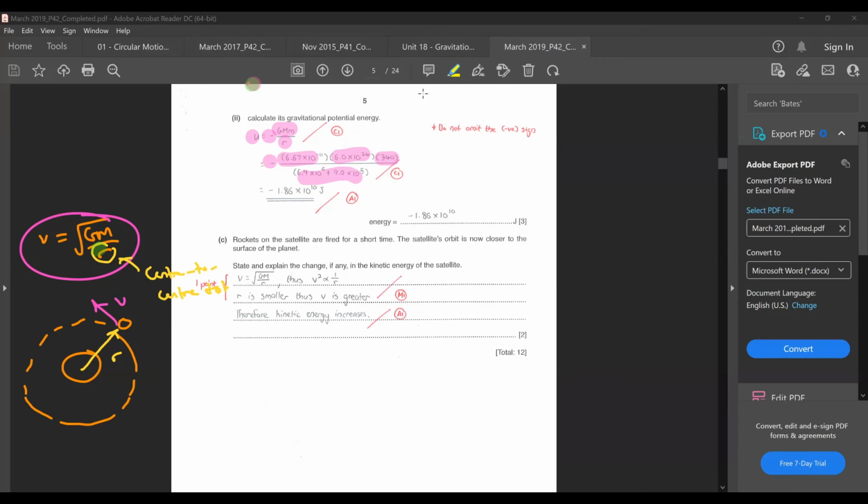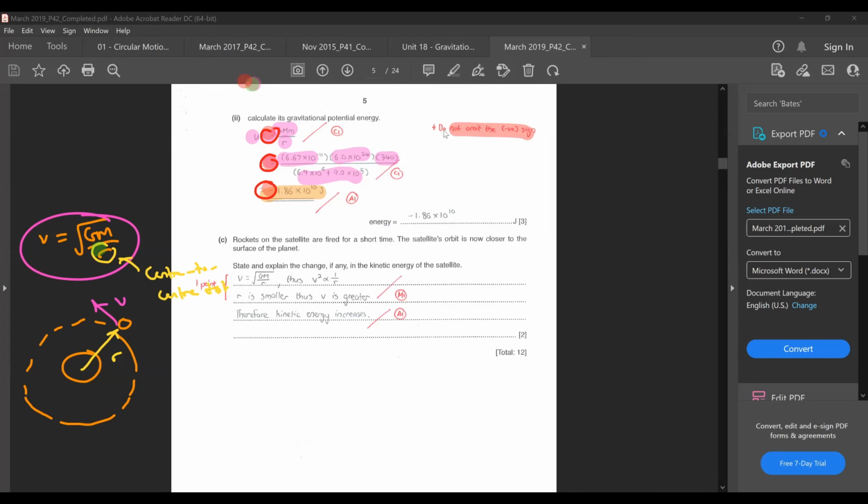Once you do the necessary calculations, you end up with the answer negative 1.86 times 10 power 10 joules. Another thing to mention is do not omit your negative. Your negative is important. This is something that your marking scheme will tend to look at when it comes to calculation of GPE.